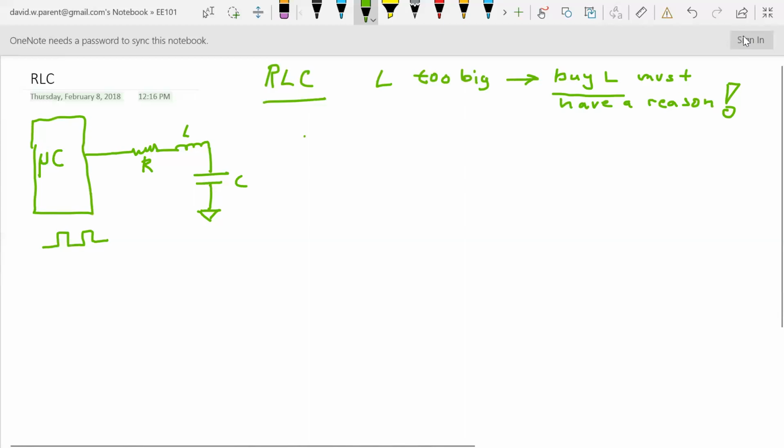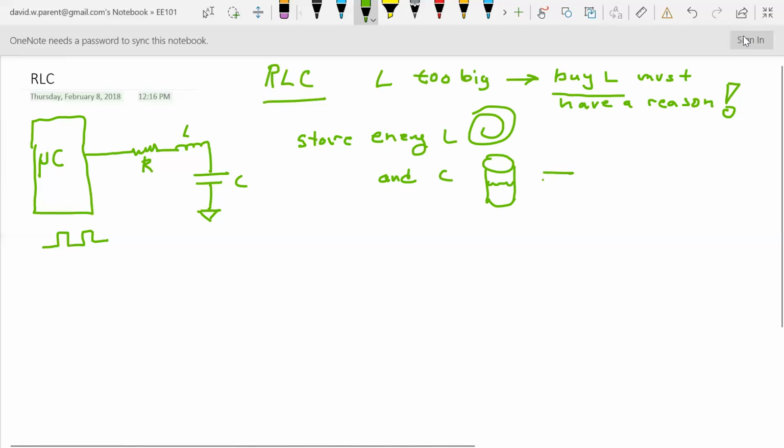because we store energy two ways, right? So the capacitor was like the bucket of water, and the inductor was just things moving around, right?